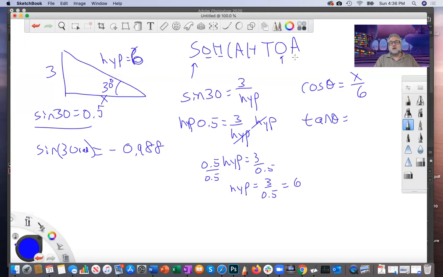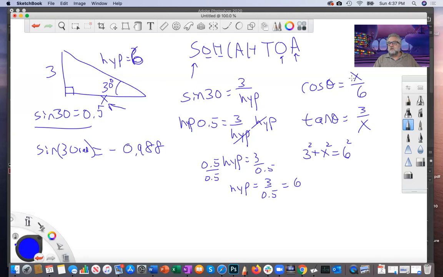I'm reading right off of here. Opposite over adjacent. Not a good choice because x is in the denominator. Or this is a right triangle. So I could do a squared plus b squared equals c squared. 3 squared plus x squared equals 6 squared. I could use the Pythagorean theorem to find this third side. So we have a lot of choices.